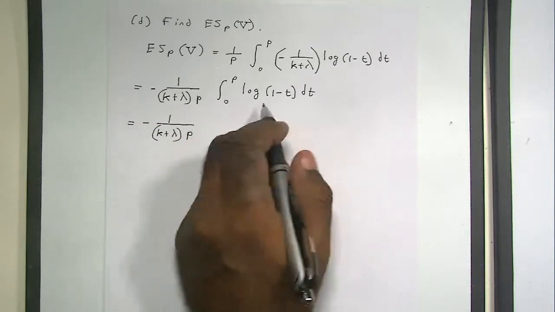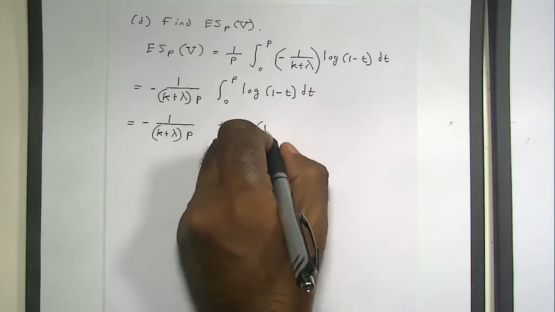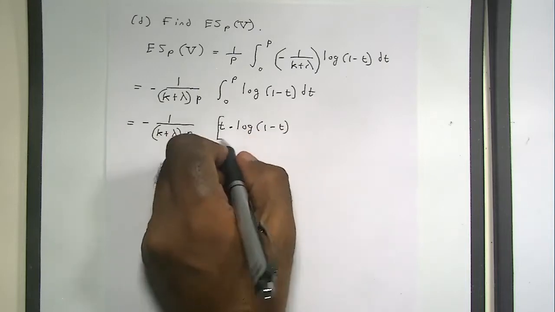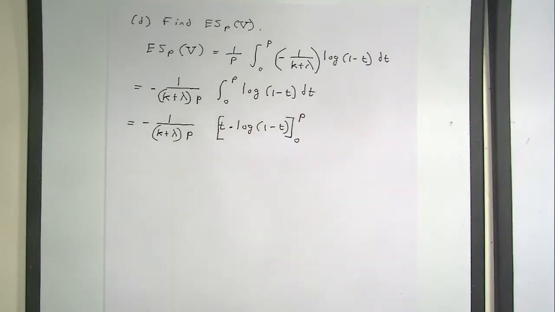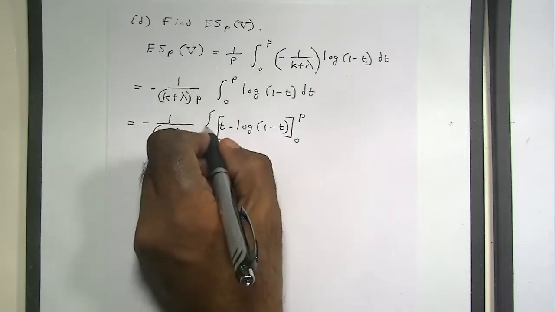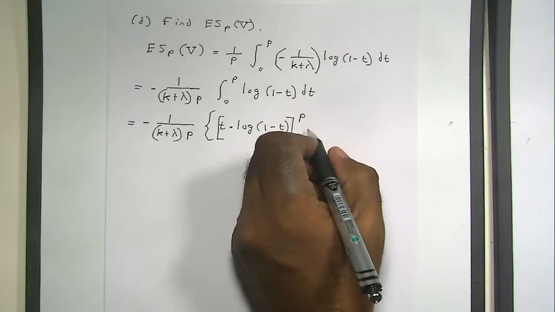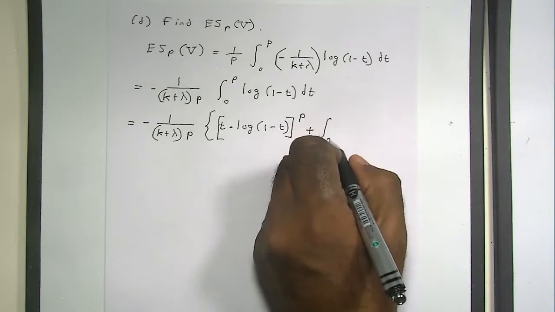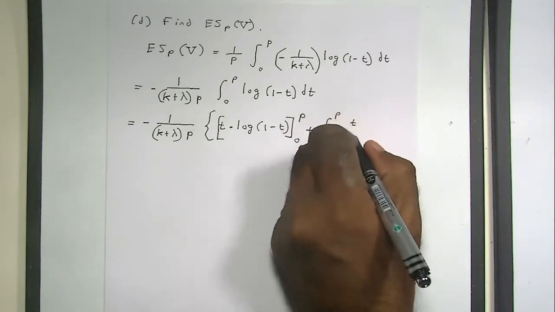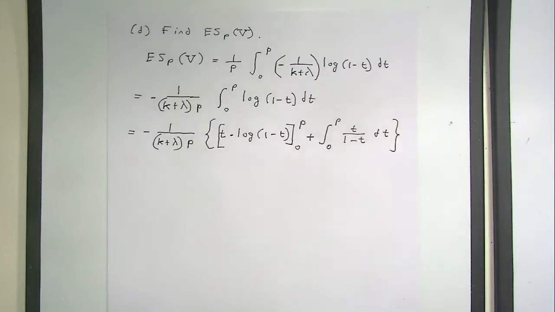If you apply integration by parts to this, you get t, and then in brackets we have minus, actually minus minus will become a plus, so you have the integral from 0 to p of t divided by 1 minus t dt. Okay, this is what you will get.